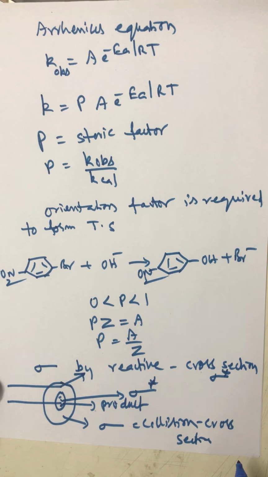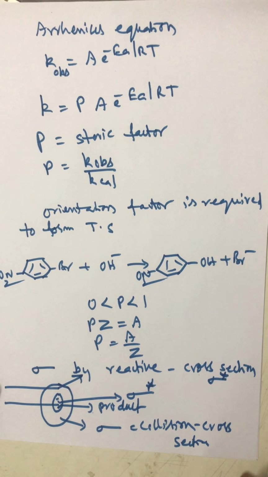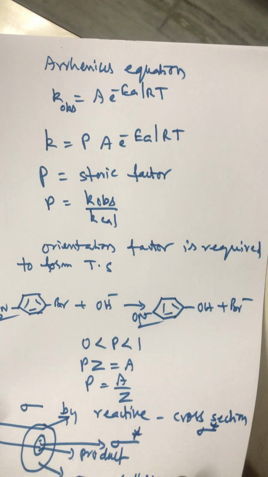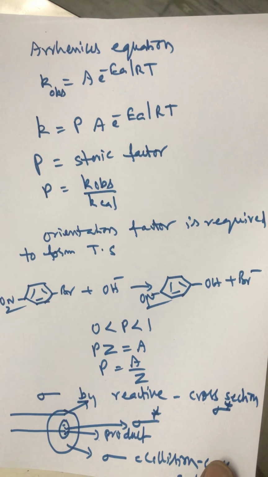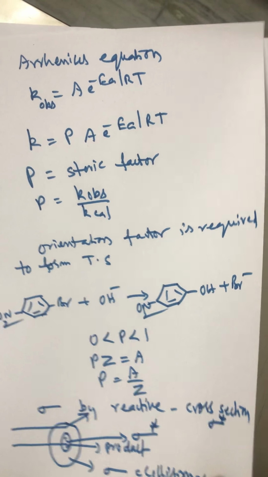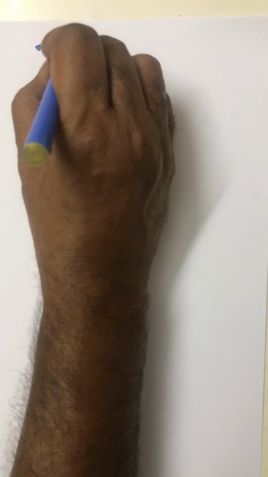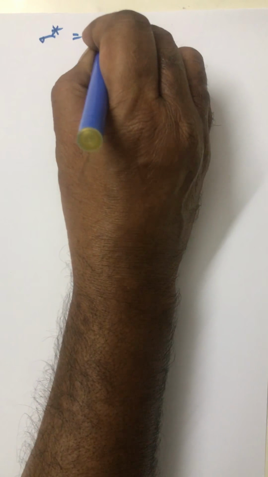Sometimes it is convenient to express sigma star as a multiple of sigma by introducing steric factor P and writing sigma star as P sigma.